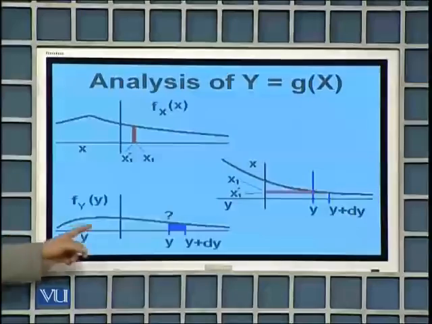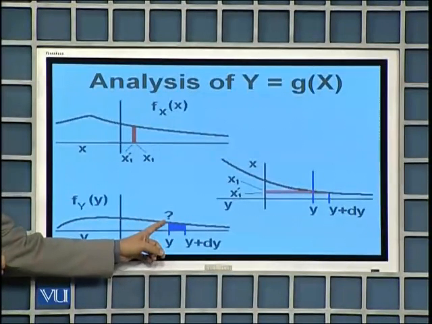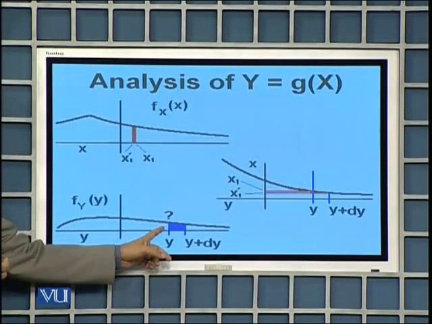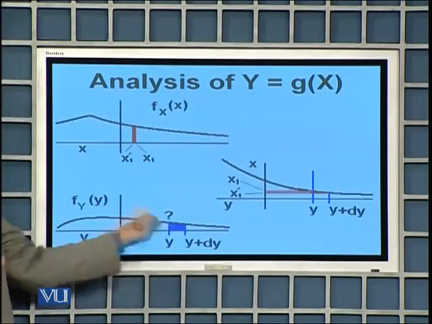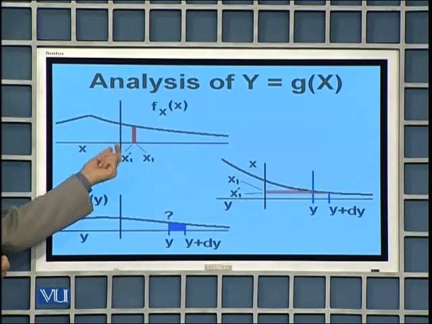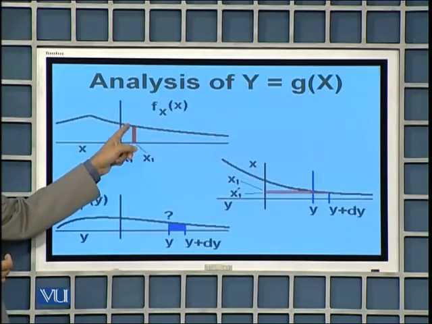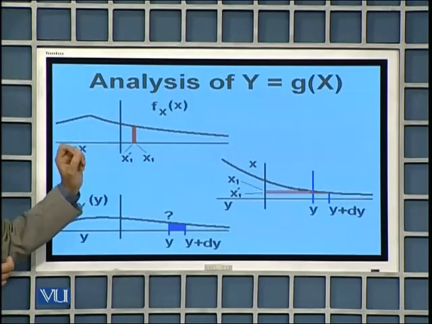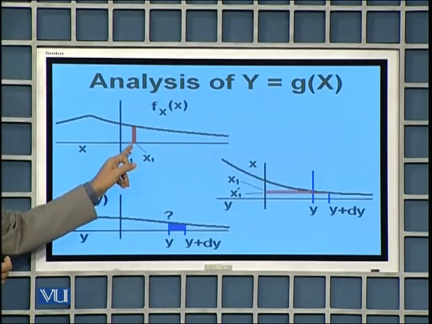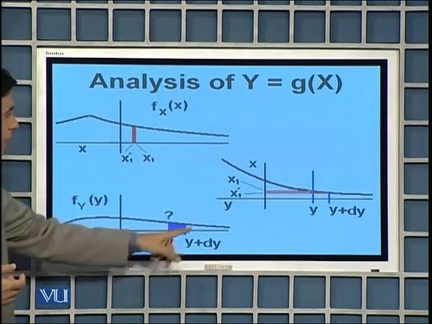It's easy to see that the probability of this blue event is the value of this unknown PDF of y at point y multiplied by the width of this interval, and the probability of the equivalent event which is shown in red is equal to the width of this interval multiplied by the value of PDF of x at this point x1, which is the inverse mapping of this point y.